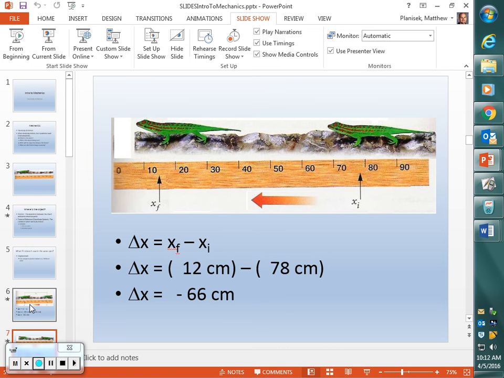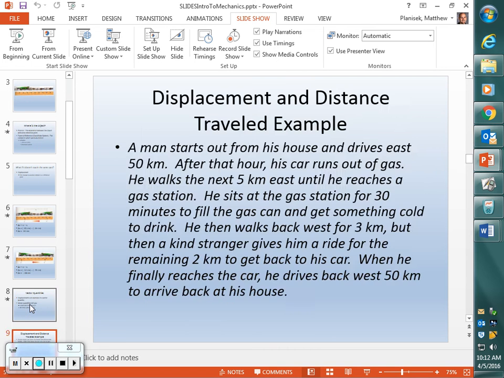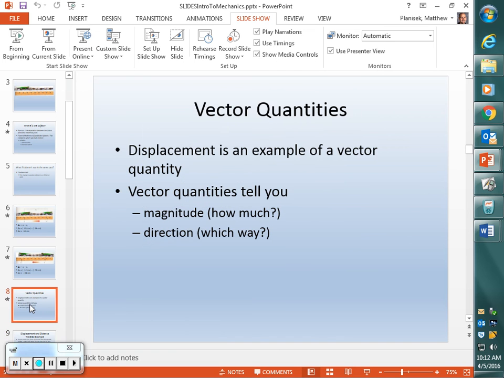Vector quantities have to tell us magnitude and direction, how much in which way. Important point to remember as we go forward with this.